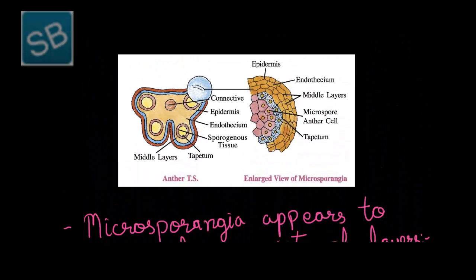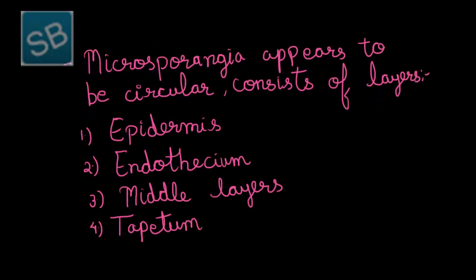Moreover, along with this, as it can be seen from the figure, the center of each microsporangium consists of homogeneous cells. Such compactly arranged homogeneous cells are known as sporogenous tissue.